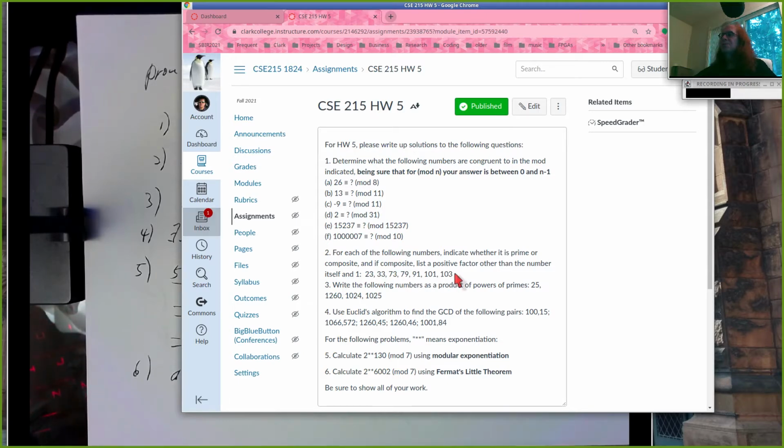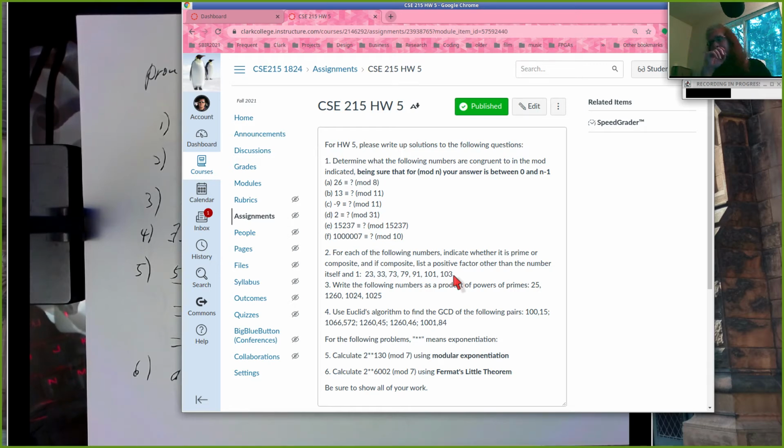So 2 you can do just by trial and error, right? To tell if a number is prime, just try dividing it by anything other than itself and 1. If you can look at a number and immediately see a factor, like a number that ends in a 5 or a 0, you know it's divisible by 5. If you see an even number, you know it's divisible by 2.